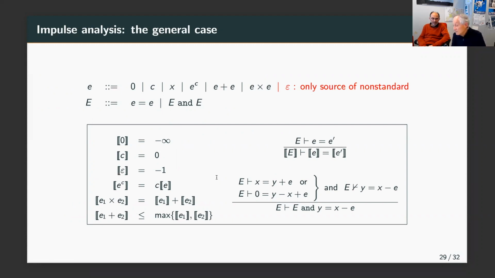But this is not implemented yet, and this remains to be implemented in the future. But we have a calculus that gives a compile time impulse analysis of the system, and that allows you to discover prior to simulation what would be the order of magnitude of the impulsive variable, and to take advantage of this to generate good code.